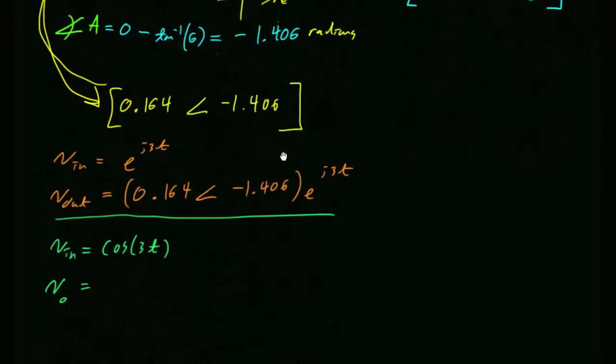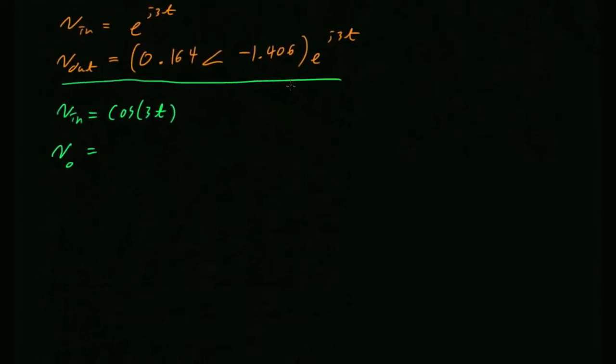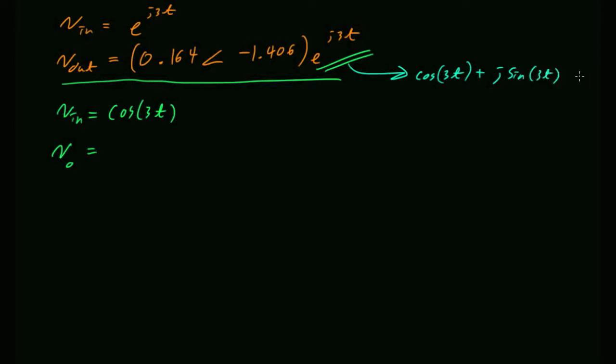What is e to the j3t? We talked about that, right? Isn't e to the j3t really just cosine 3t plus j sine 3t? Didn't we say that that was true? And in the beginning of this problem, didn't I say we were going to add the sine j3t just to make life a little easier?